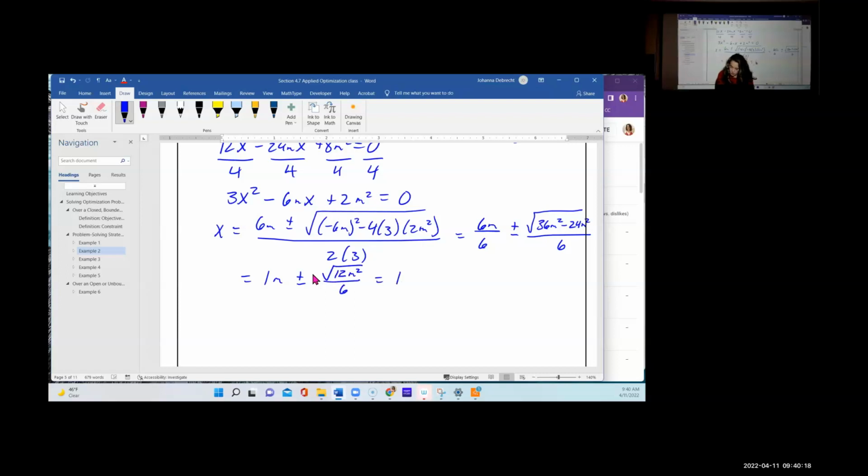The square root of 12 is 4 times 3, and the square root of 4 is 2.